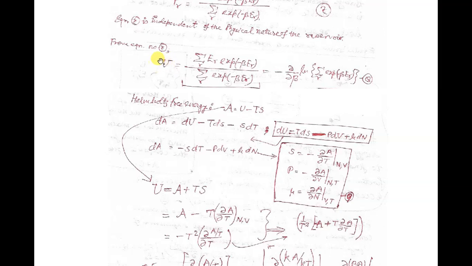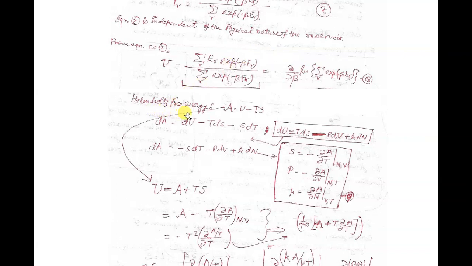It is nothing but the ensemble average of the energy of the reservoir, that is nothing but minus d/d beta of log of the summation over R of exponential of minus beta E_R. You take the derivative of it with respect to beta, and you will get this term again.